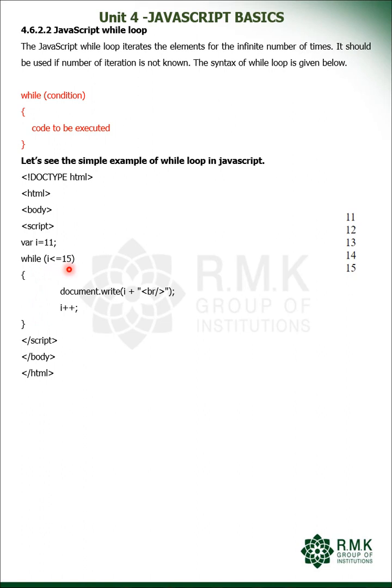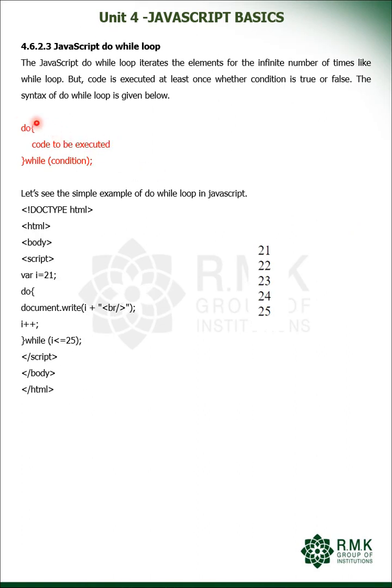So while condition, then you have the statement, then it is incremented. After while, we have one more statement called do while. What is the difference between while and do while? In while, only if the condition is true, this code will be executed. In do while, initially it will not check the condition. It will first execute the code and only then check the condition.